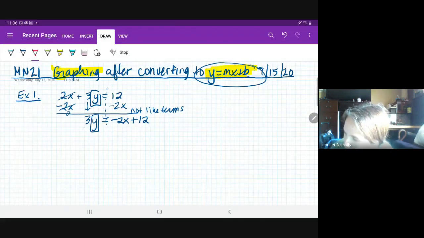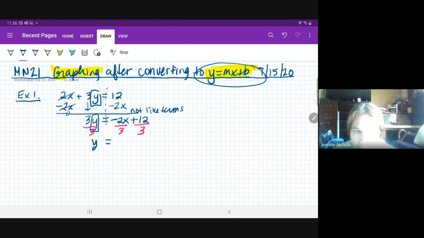Okay, I agree. Haley, divide by what? Okay, divide by 3. Damien, you're correct. And then what would my new equation be? How do I write my new equation? What does the 12 divided by 3 turn into?